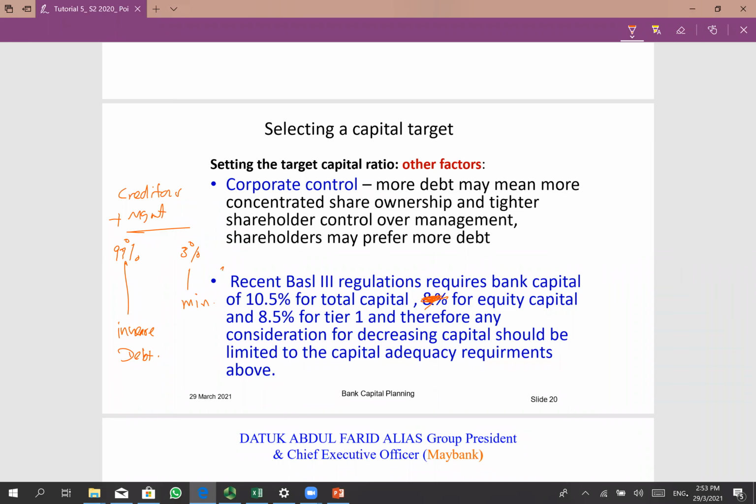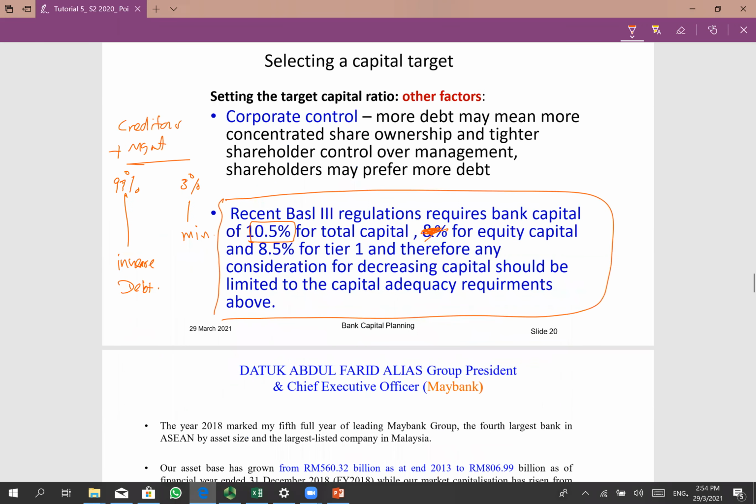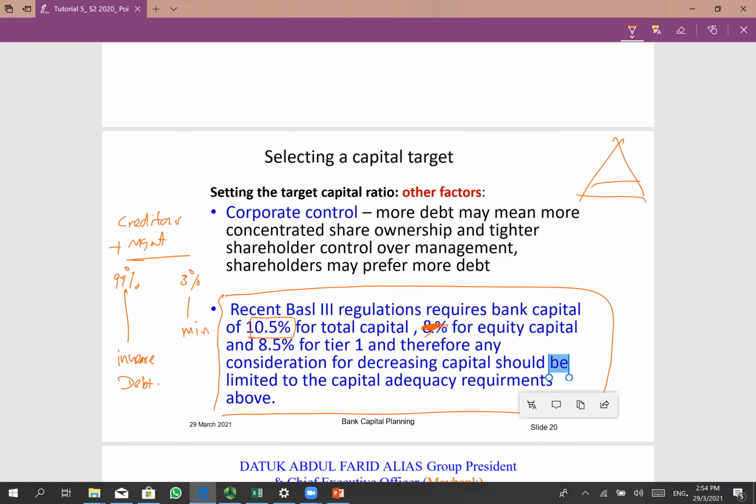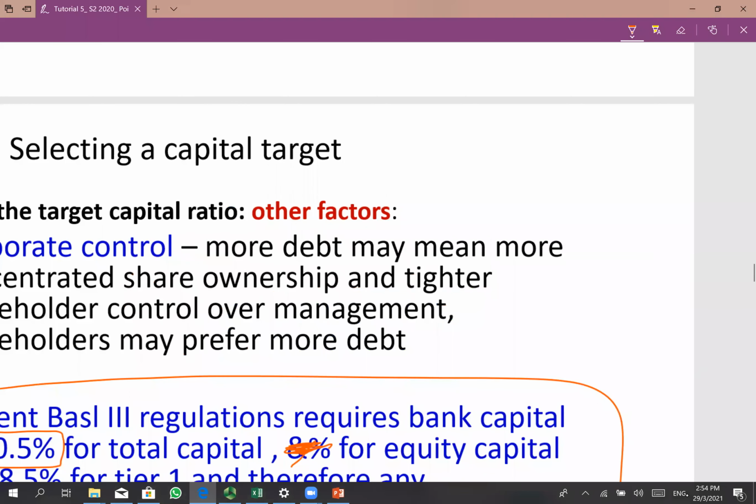But anyways, whether you are talking about this or this, according to the recent regulations, you have to keep 10% capital, according to Basel. 10% total capital, which I told you, if you look at the pyramid, you have to have here total capital of 10%. This is what the current regulations say.